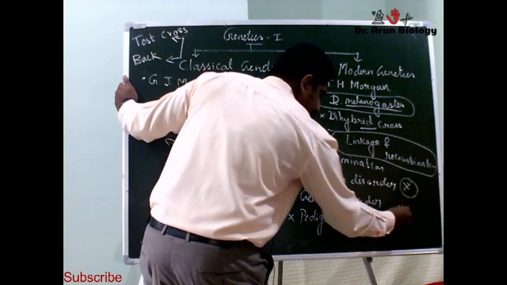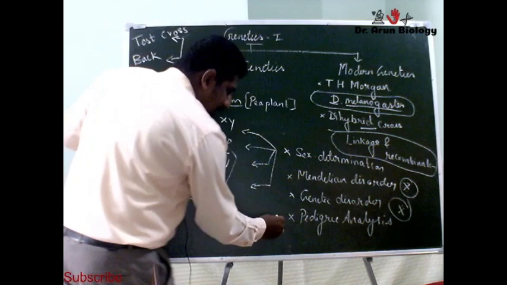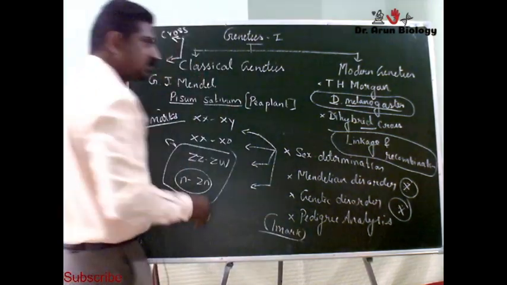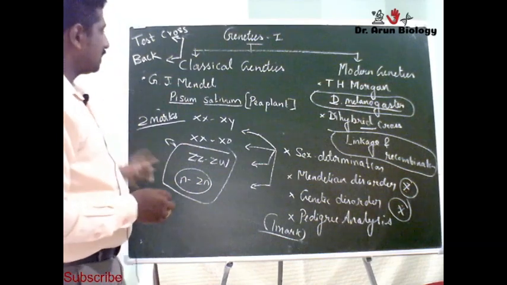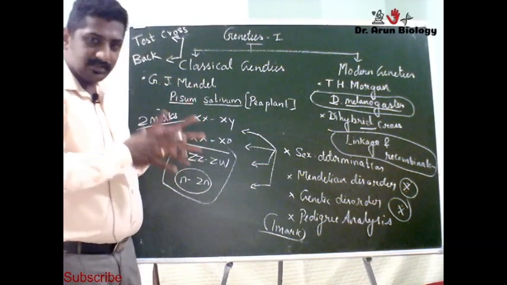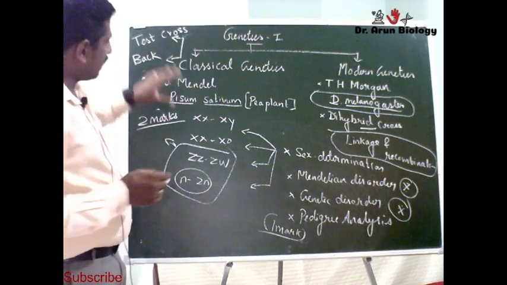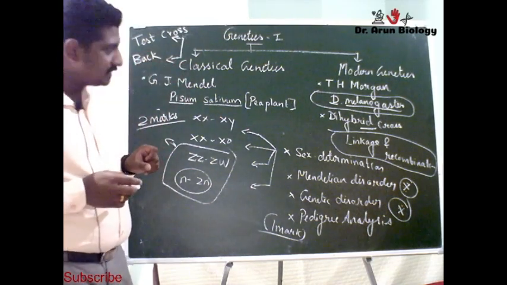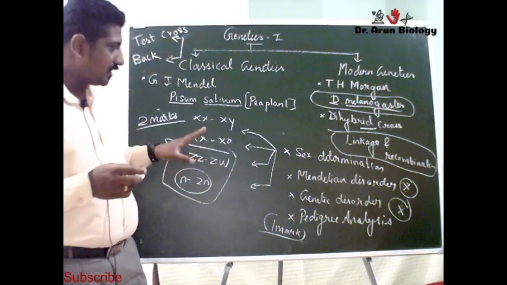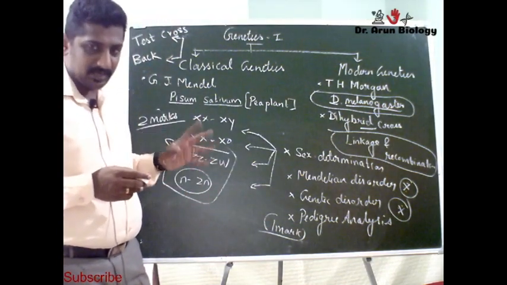We cannot skip genetic disorder. Pedigree analysis is rarely asked, for 1 mark only. But very important, where we have to give more importance is, as per the survey of the past 5 years, we have to give more importance to classical genetics and the topics which are highlighted. All these areas are very important for your board examination.